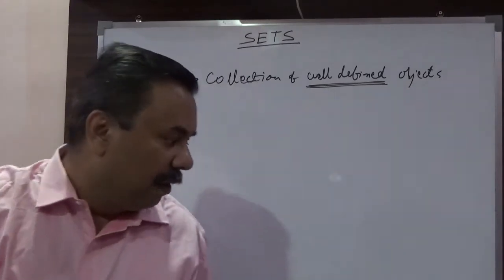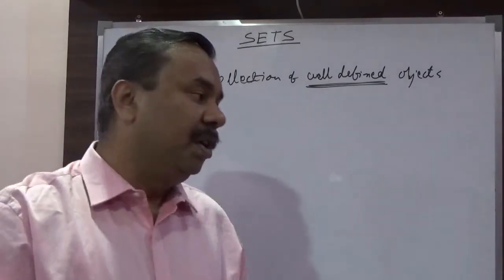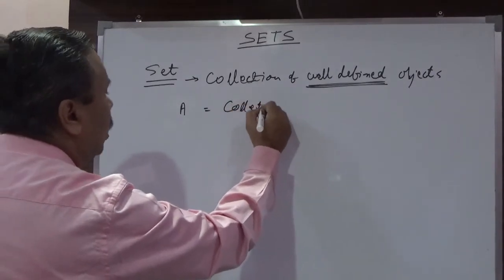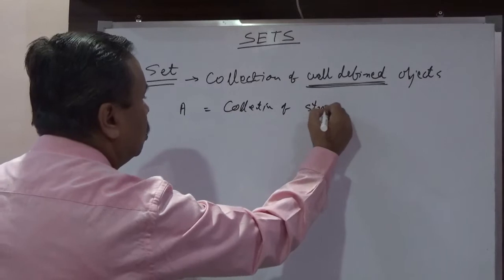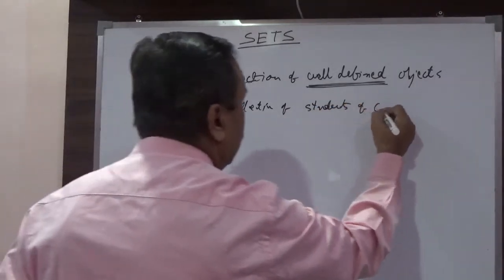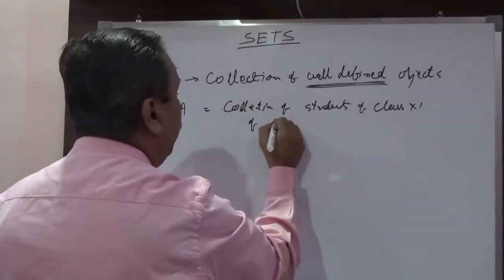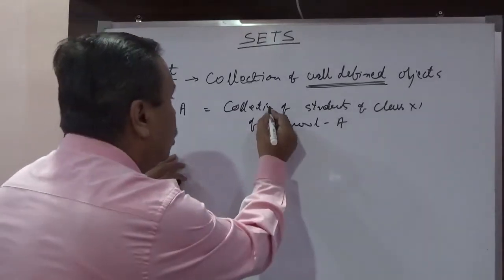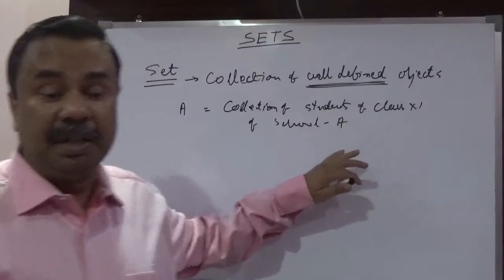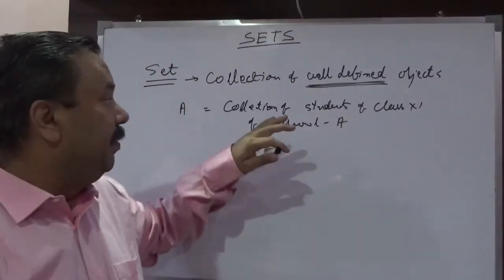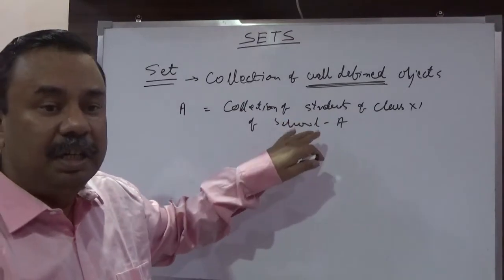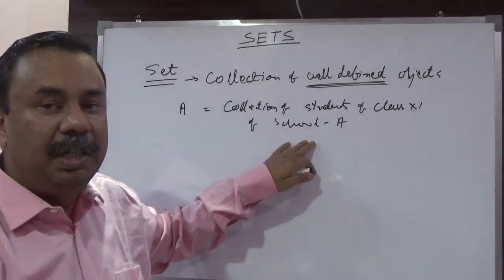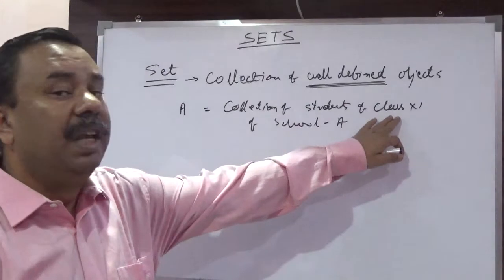Similarly, if the objects are well defined, then only it will be called a well-defined collection, or a set. For example, if I say set A is a collection of students of class 11th of school A, this is defining the collection: the student is studying in school A. Again, in school A there are several students studying in different classes, so we say students of class 11th.